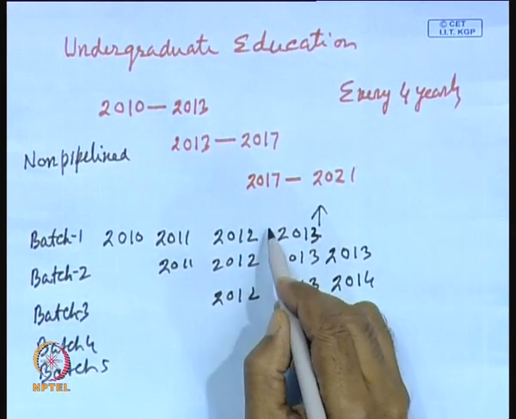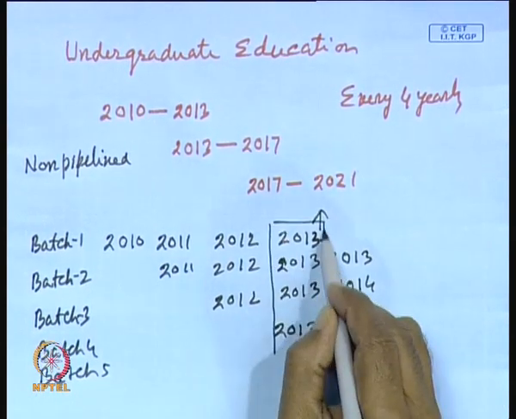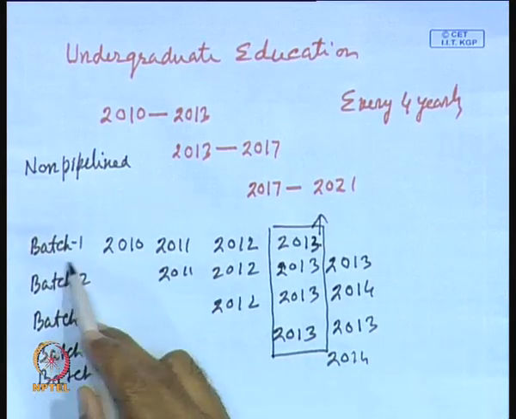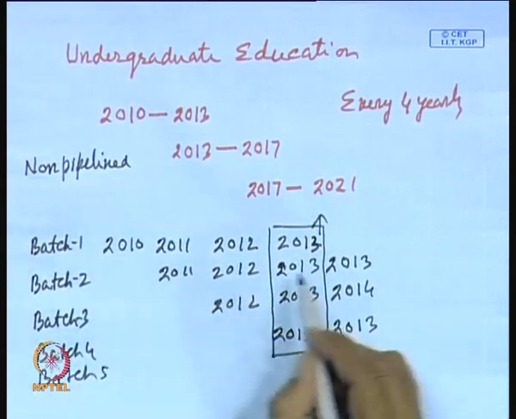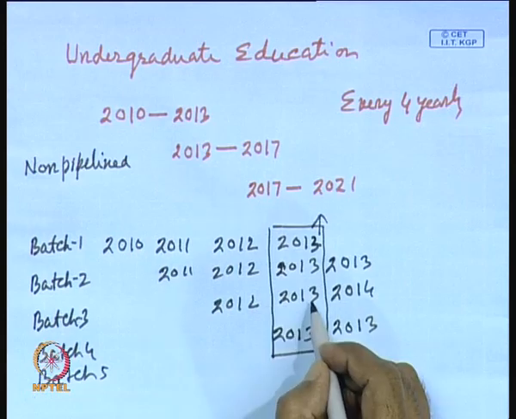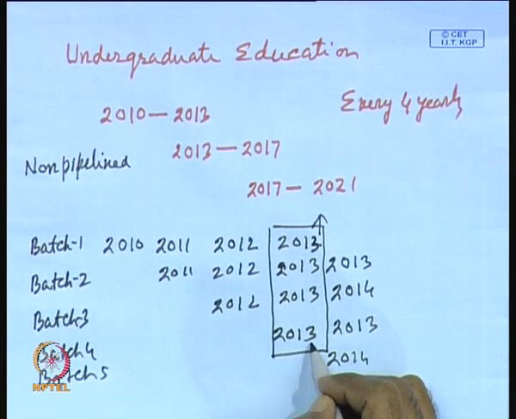So, if we consider the year 2013, batch 1 is in the fourth year, batch 2 is in the third year, batch 3 in the second year, batch 4 in the first year. This is nothing but pipeline implementation of education.